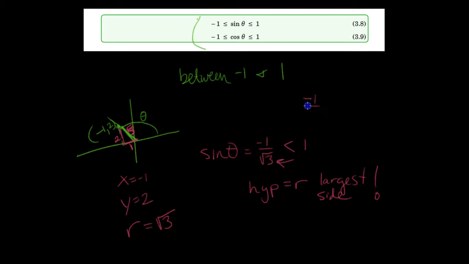So a ratio like negative 1 over the square root of 5 is less than or equal to 1, and it's greater than or equal to negative 1. So I don't know if that example actually helps, but I just want you guys to start thinking about these reference triangles by dropping perpendiculars and coming up with any angle theta.